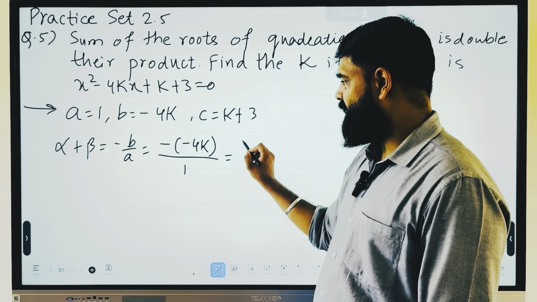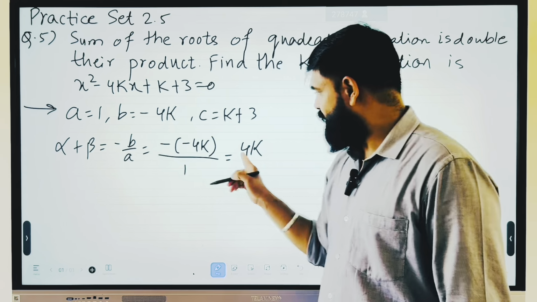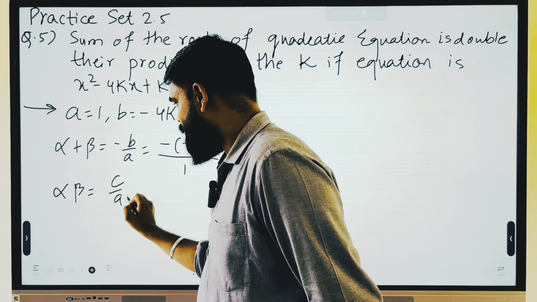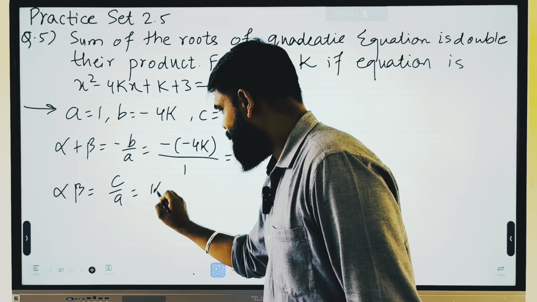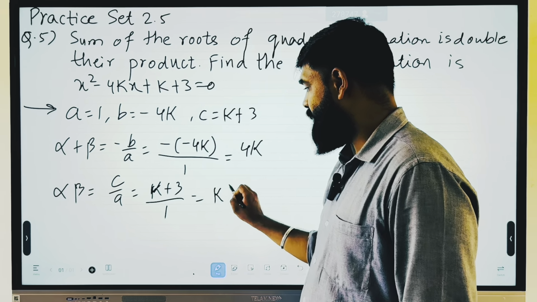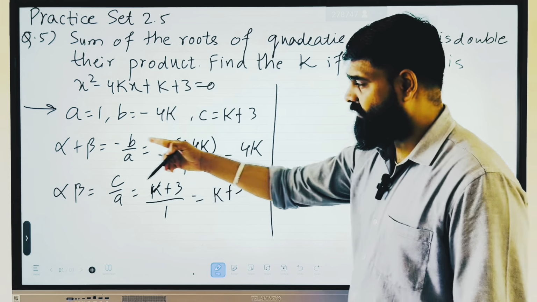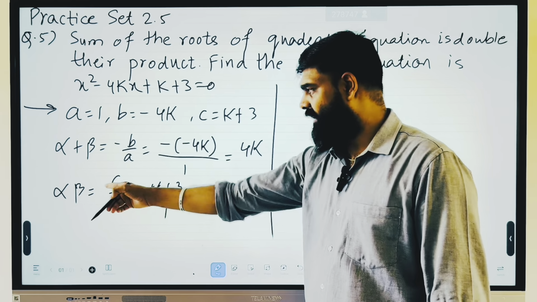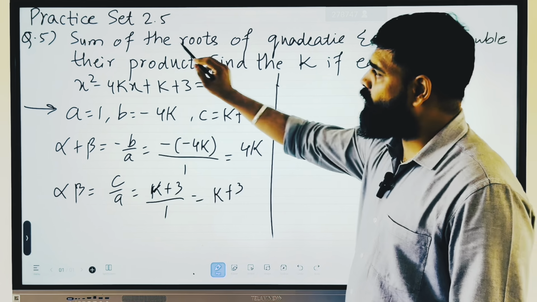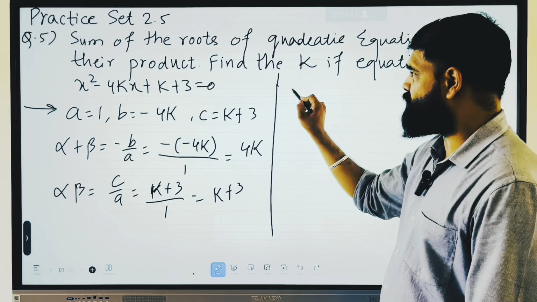If we simplify this, we will get 4k. So alpha plus beta is equal to 4k, and alpha into beta is c by a, which is k plus 3 by 1, so the final value is k plus 3. So we have these two values: alpha plus beta is equal to 4k and alpha into beta is equal to k plus 3. Now we will look into the statement which is given: sum of the roots, which means alpha plus beta.